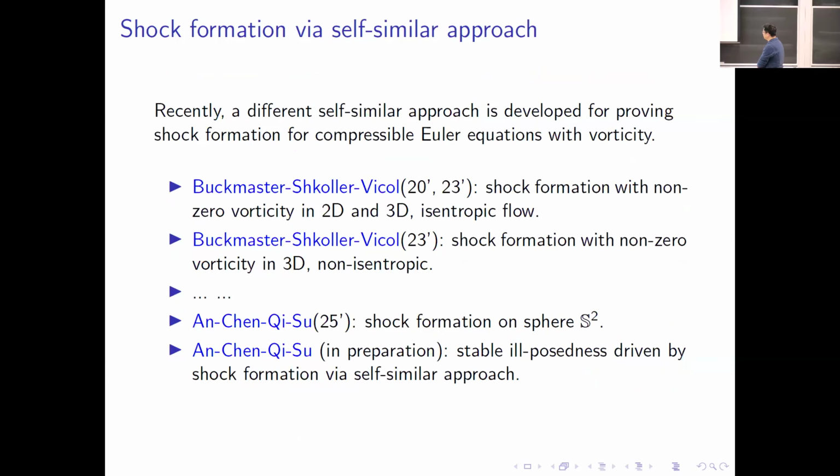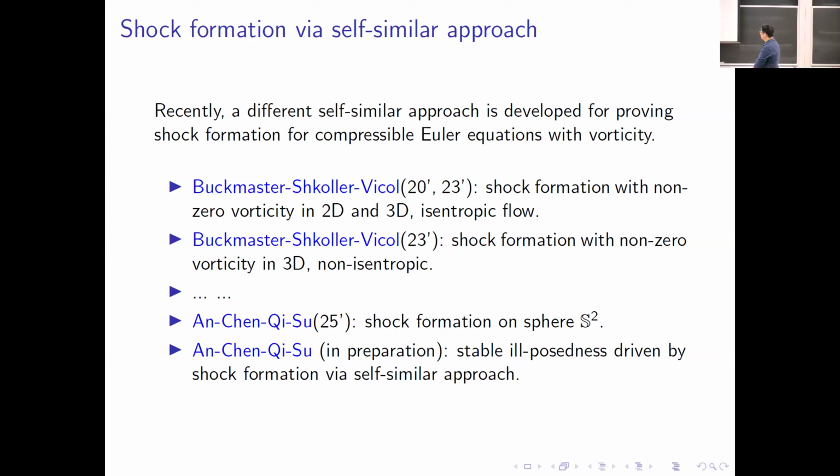And recently there is also a different approach using self-similar variables, which proves the shock formation for the compressible Euler equation with vorticity. For this approach, the data is more well prepared, right? It is close to a blow-up profile and so on and so forth.